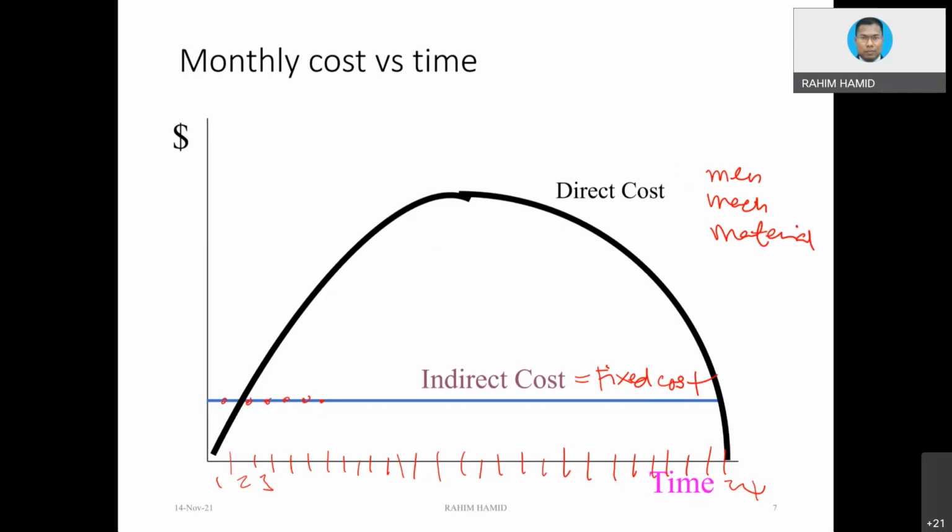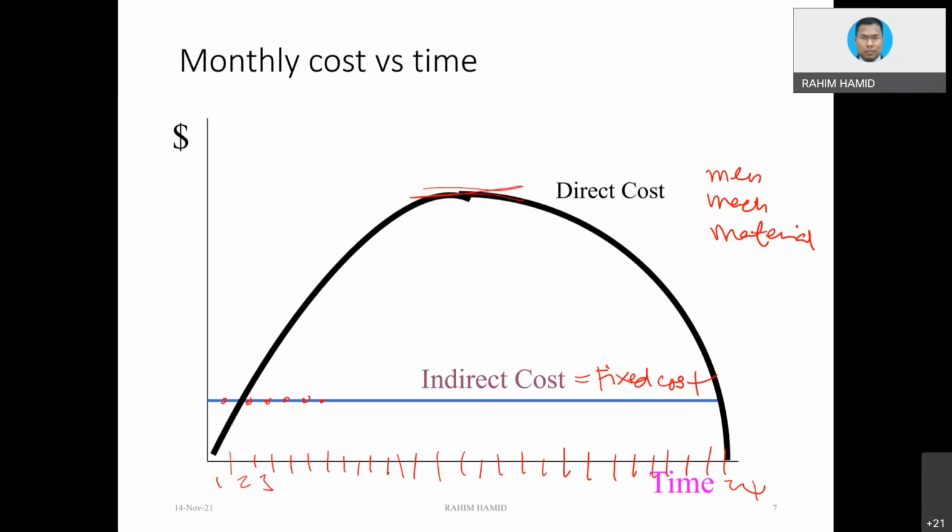Normally, you start with the site preparation, then substructure work, and then superstructure work. When the superstructure work is about to complete, normally you already reach the peak. Then come the finishing, architectural work, etc. Then you are going to see the reduction of the spending. So that's why you have this kind of parabolic curve.